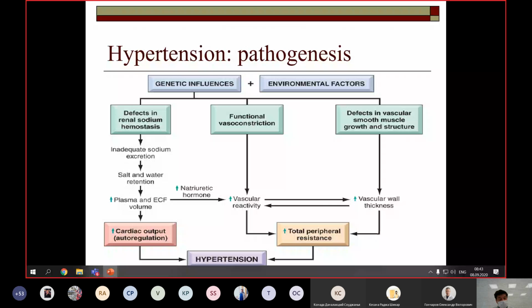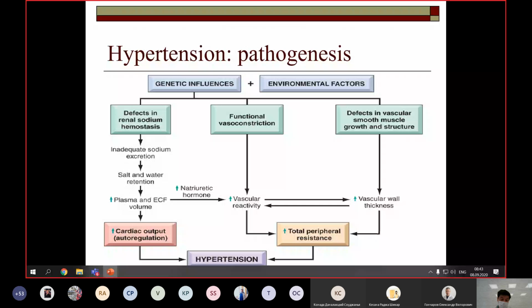As a result, the cardiac output after regulation can diminish. That abnormality of total peripheral resistance leads to increased peripheral resistance, and both factors lead to increased BP value and manifestation of the disease called hypertension.